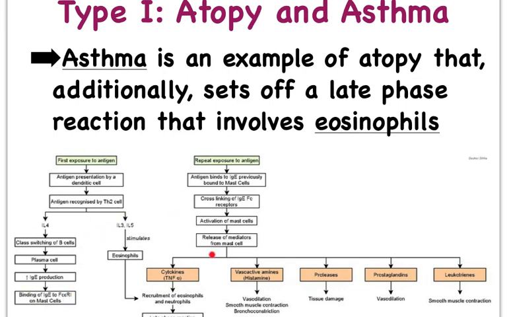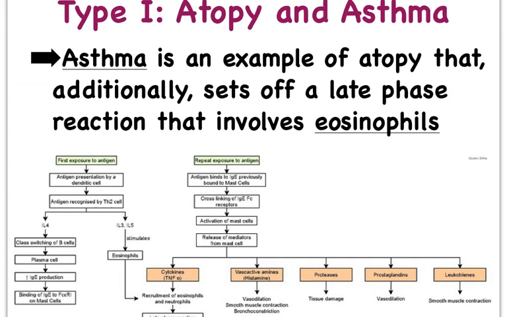And then here we see the second exposure with the release of, for instance, histamine. Of course, the granules of both the basophils and the mast cells contain a lot more things, and they're listed here. You've learned about prostaglandins and leukotrienes, for instance, to know what kinds of inflammatory damage they can create.